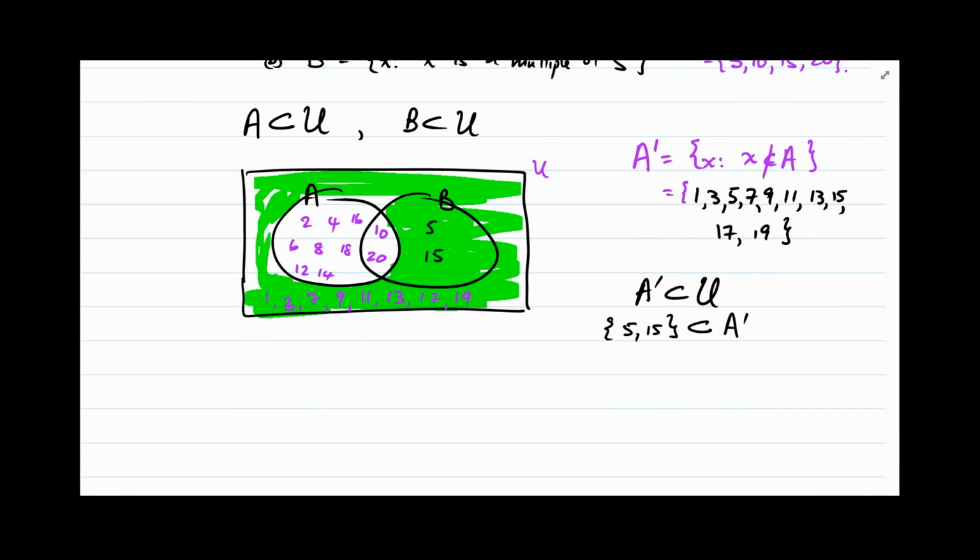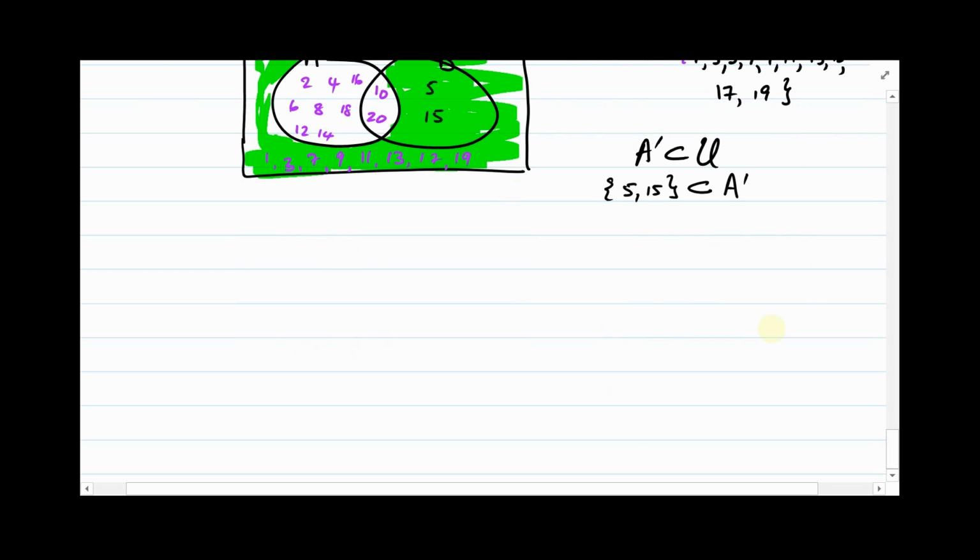Okay, let's look back at some things that you should remember in terms of your Venn diagram, intersection and union.